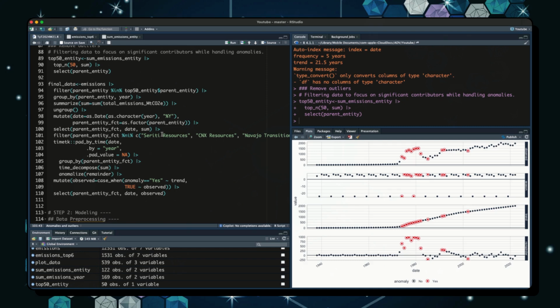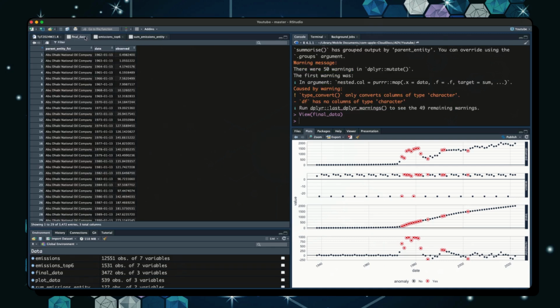Either they don't have enough data or they cause some kind of problem, and I don't want them in my top 50 because they would be absolutely impossible to predict. So here, our final data is composed of a parent entity in a factor format, a date, and an observed value, which is the sum of the total of the emission that we had in the raw dataset, corrected for the anomalies.